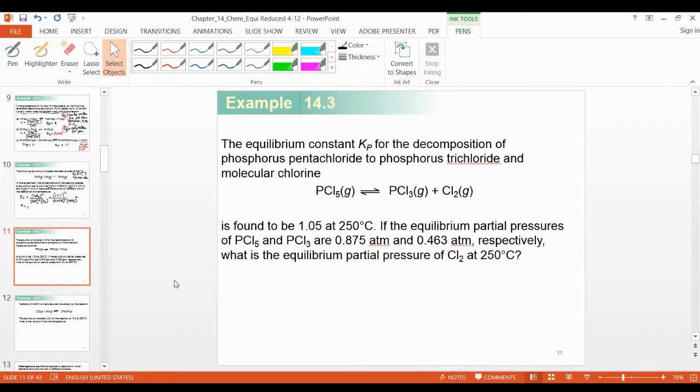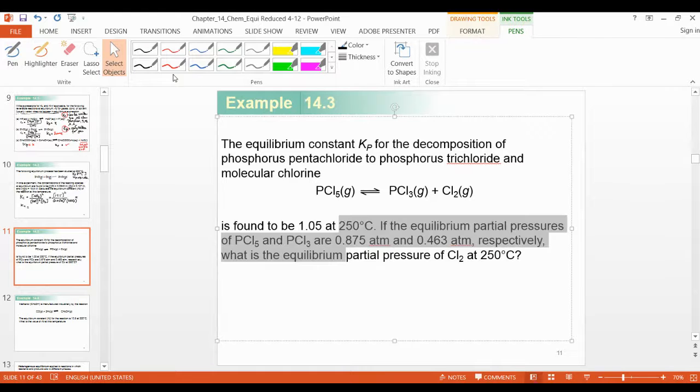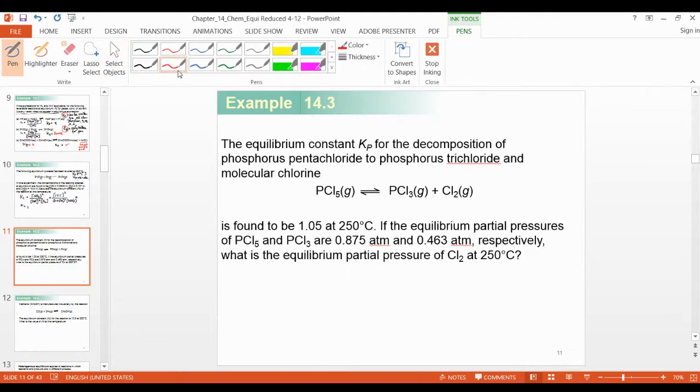And look here. For this chemical equation, what formula will you write? Tell me now. Read the question and then tell me. Kp. Because these are all gases, and Kc is for concentration while this is in atmospheres, right? Remember that.